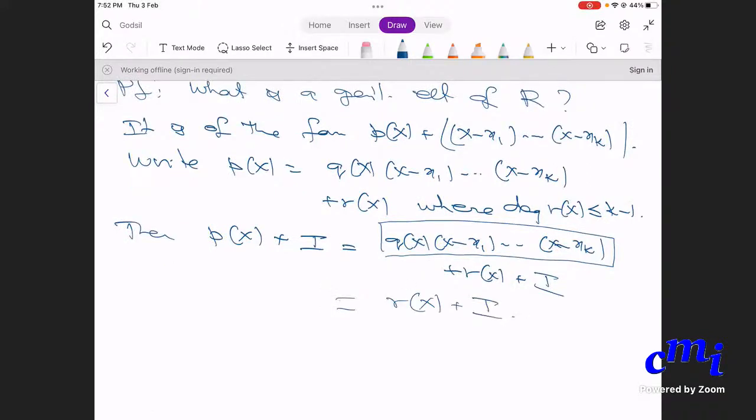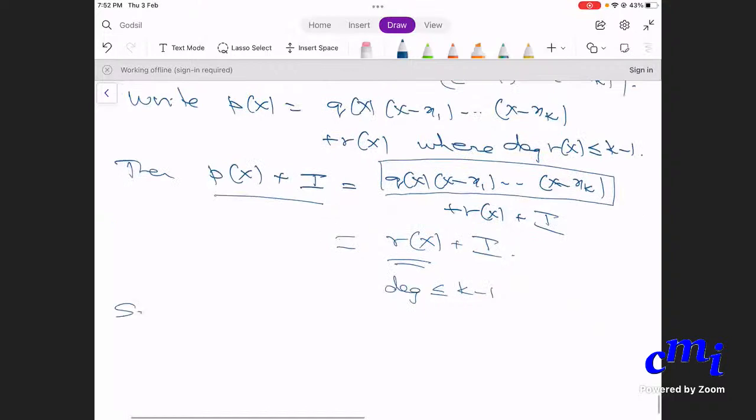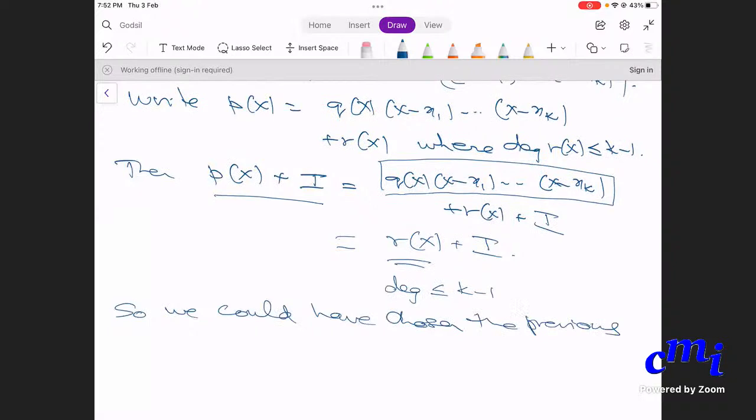And now r(x) has degree less than or equal to k minus 1. So any element which is a p(x) plus I can always be represented by a polynomial of degree less than or equal to k minus 1. What this means is, we could have chosen the previous f(x) to be of degree less than or equal to k minus 1.